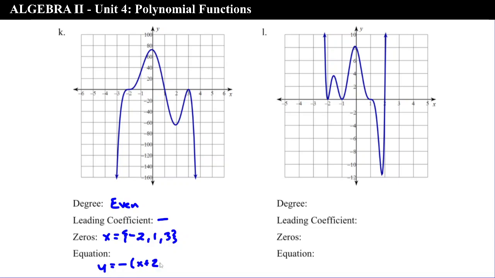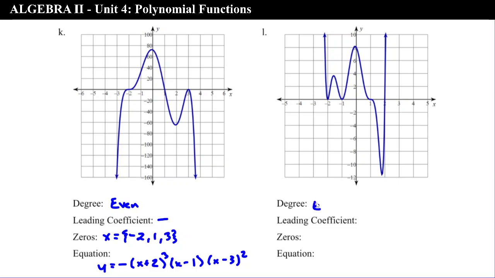We have x plus 2, x minus 1, x minus 3. And on the x plus 2, we've got a cubic, so it's going to be a third. We're straight at 1, and then we've got a parabola at 3. So we're going to have a square on that last term.